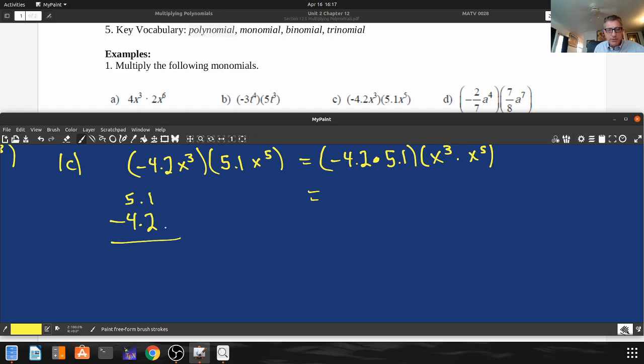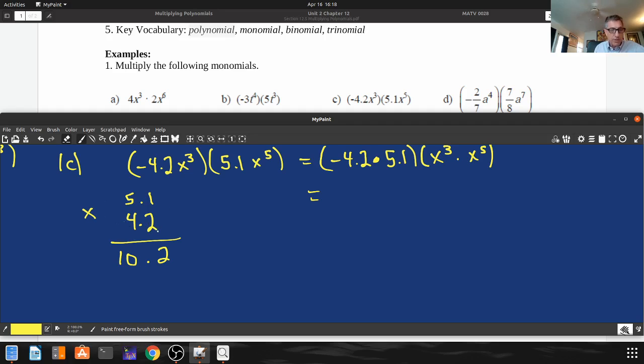So the end result is going to be negative, and this is not minus here. This is multiplying. So 2 times 1 is 2. And 2 times 5 is 10. Minus 4. I'm just going to ignore the minus here. Just erase that. Because I know that the end result is going to be negative. So I just treat it like they're both positive.